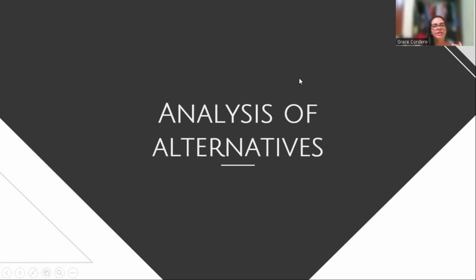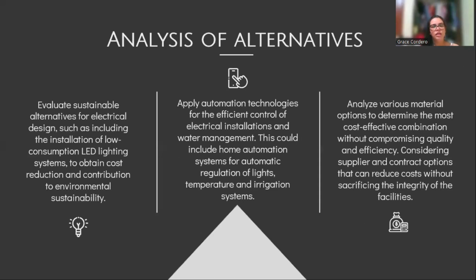Analysis of alternatives: evaluate sustainable alternatives for the electrical design, such as installing low-consumption LED lighting systems to obtain cost reduction and contribute to environmental sustainability. Apply automation technology for efficient control of electrical installations and water management.